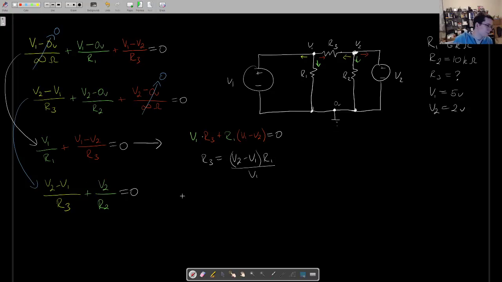And over here, we're going to do the same thing, solve for R3. We'll do V2 minus V1 times R2 plus R3 times V2 equals 0.